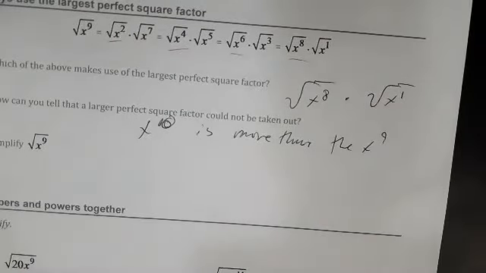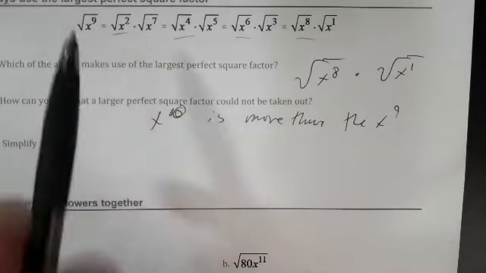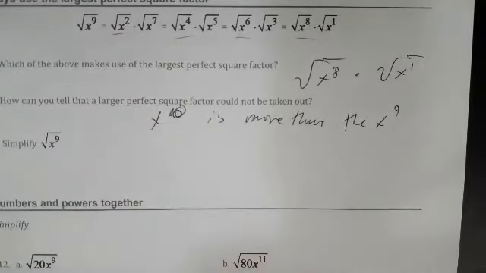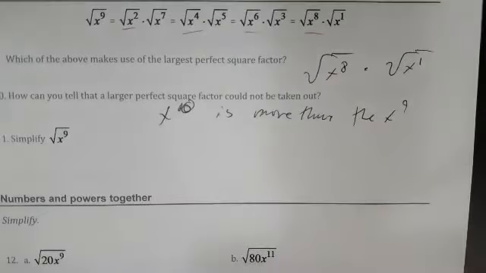X to the 10th is more than the X to the 9th. We can't take out more than what we already have right here. So the largest we could go is X to the 9th, but that's not even. Try to look at the even ones. We want to take out the largest, so we want to simplify this.